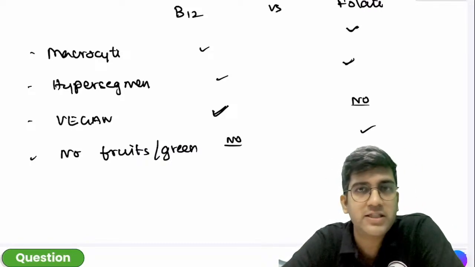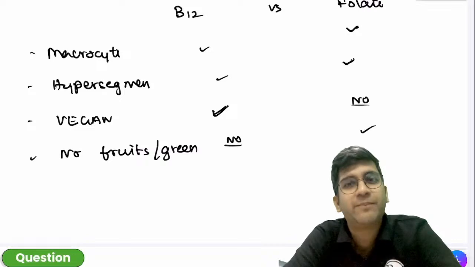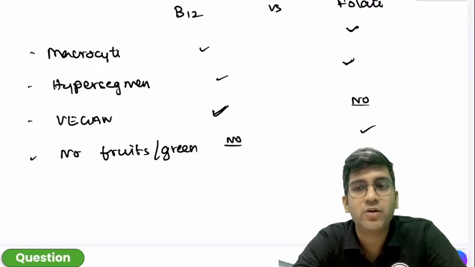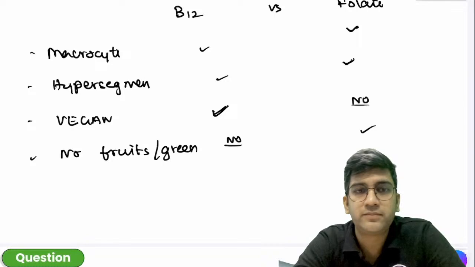I'm sure your OBG teacher must have taught you that folic acid should be supplemented for pregnant women. From what time do we need to supplement folic acid? At the time of conception, right?